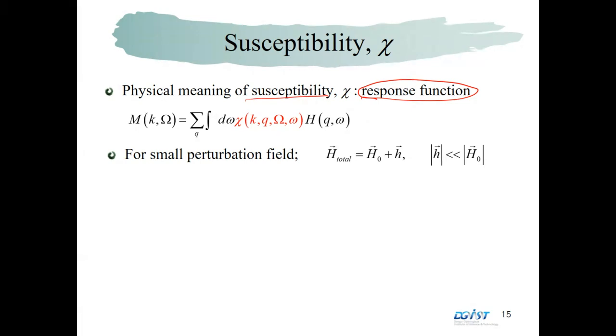And let's assume a small perturbation field. That means we have a strong enough DC field, this is the DC, and we apply a small disturbance, much smaller than the DC term.